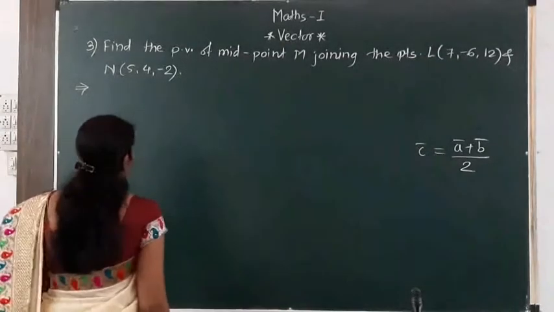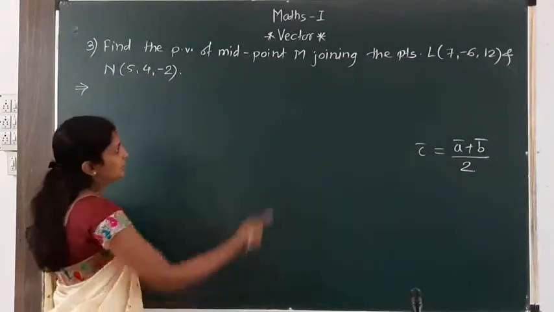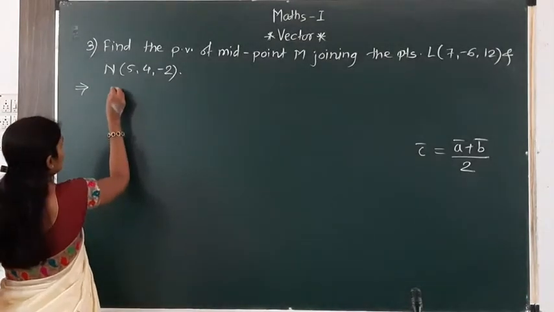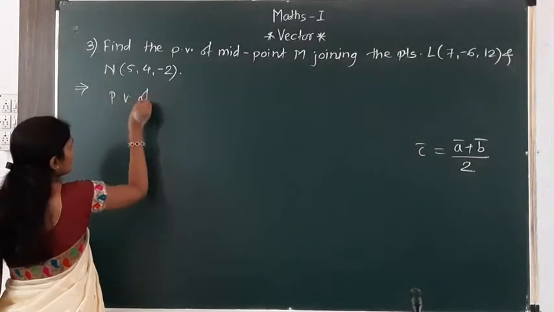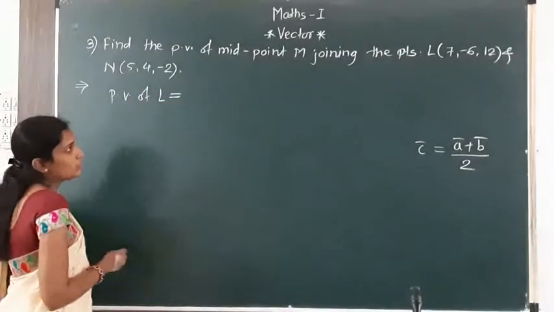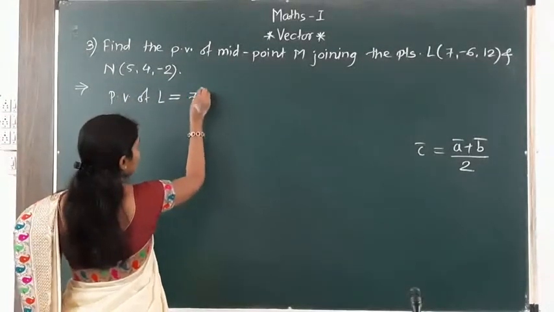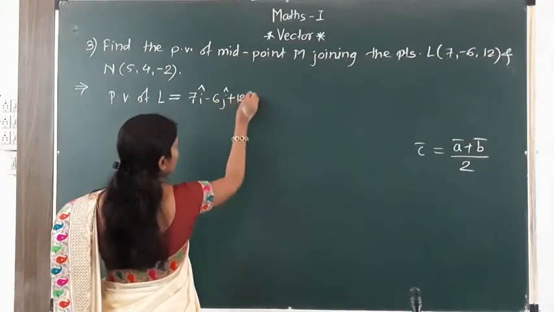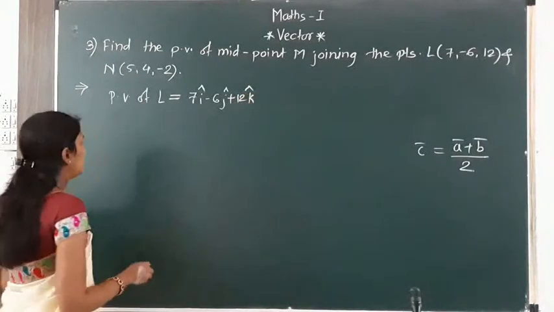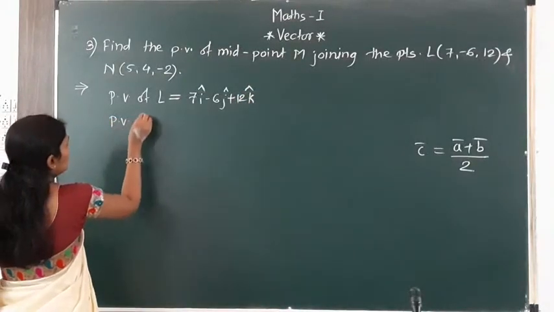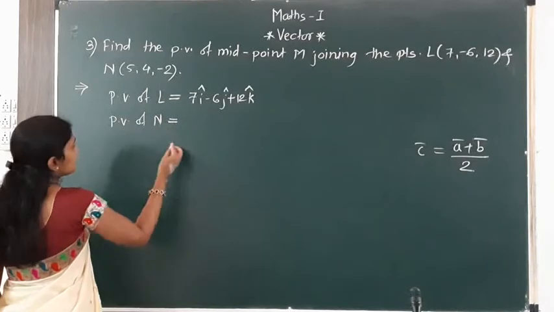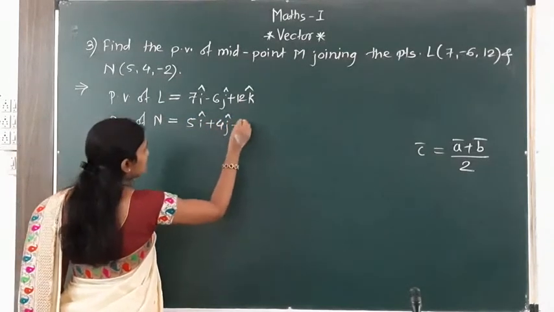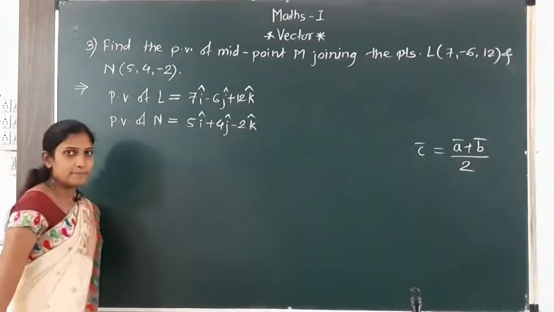For that, firstly we find the position vectors of points L and N. Position vector of L is 7i cap minus 6j cap plus 12k cap, and position vector of N is 5i cap plus 4j cap minus 2k cap.